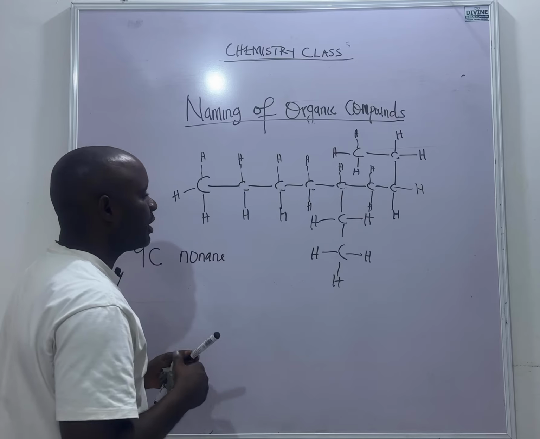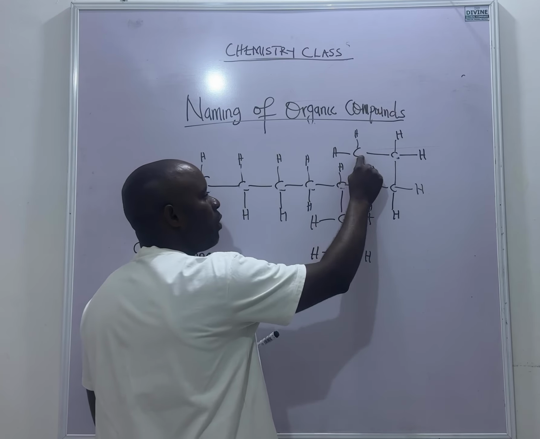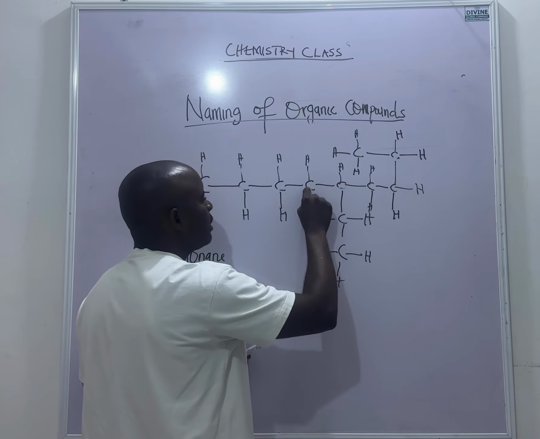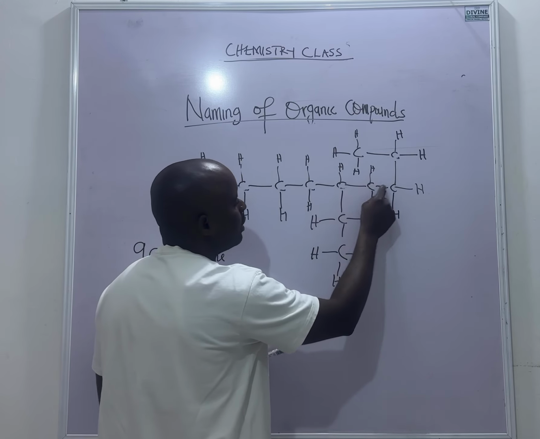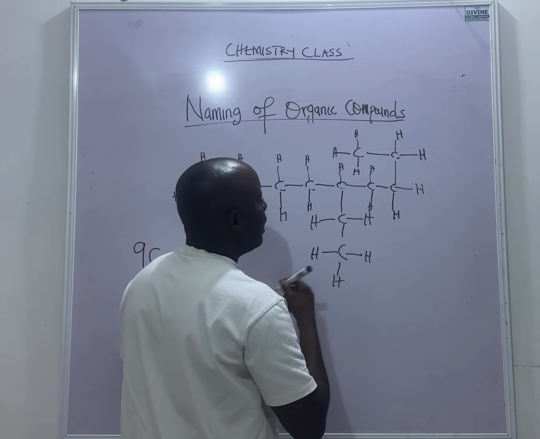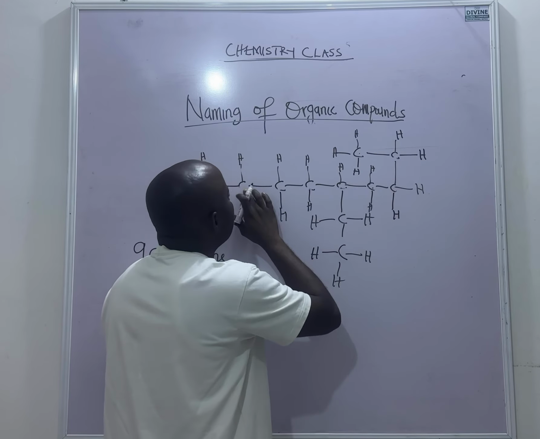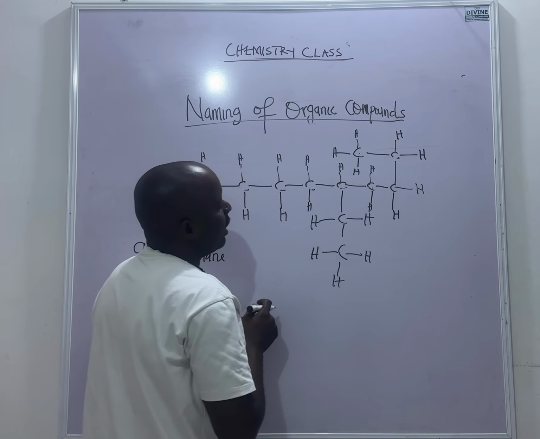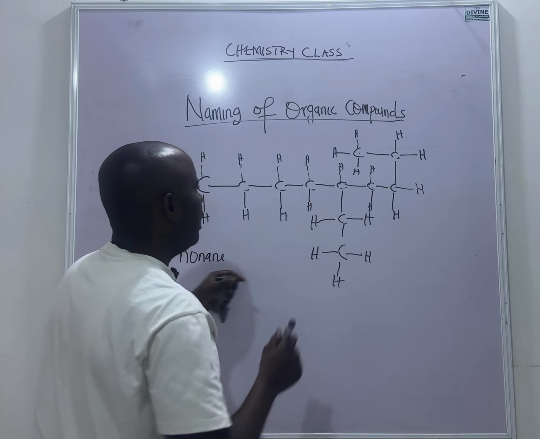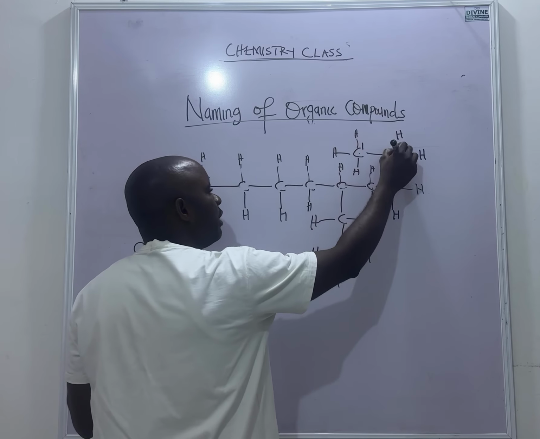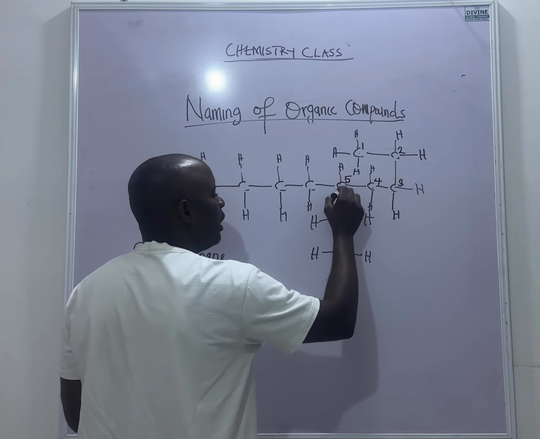So in so doing, we said we must give the substituent the lowest numbering. That is to say, if I'm numbering from here 1, 2, 3, 4, 5, 6, 7, 8, 9, and from the other end 1, 2, 3, 4, 5, we can start the numbering from any end because the same value is given to this carbon that is having this substituent.